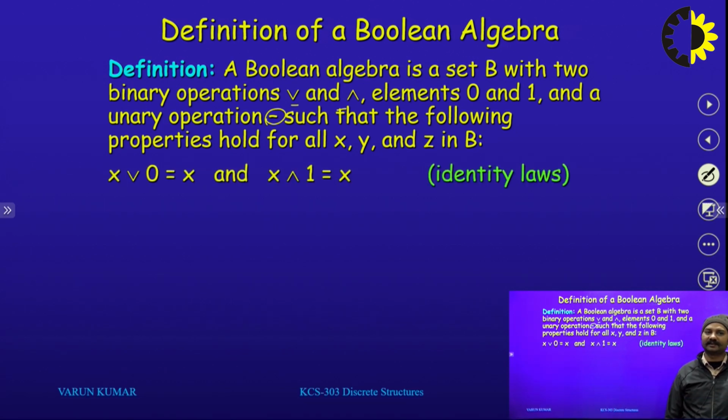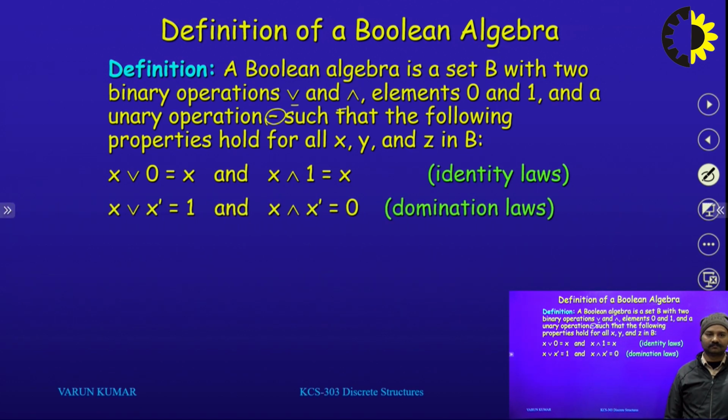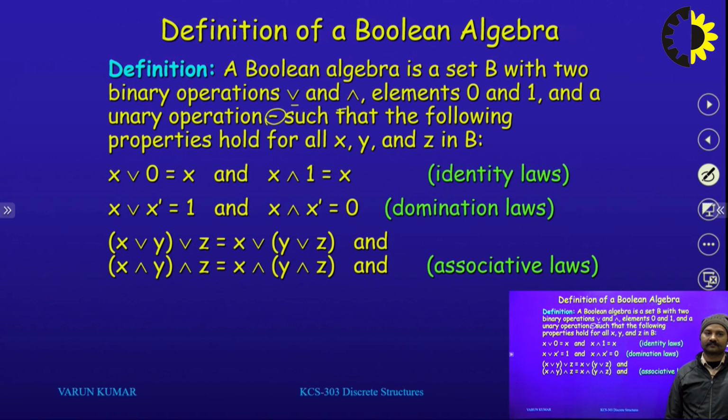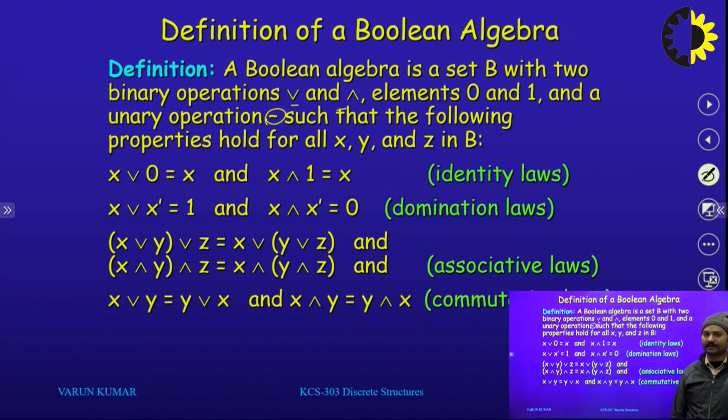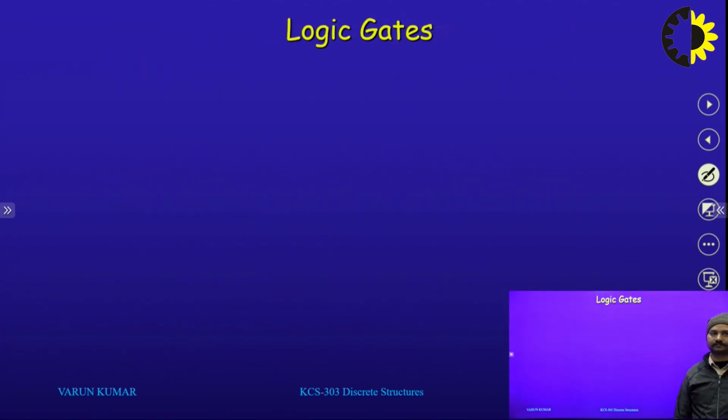First is the identity law: if we add 0 to any variable, we get the variable itself. Then the dominance law. These are the basic laws, which are associative and commutative in nature, then the distributive law.